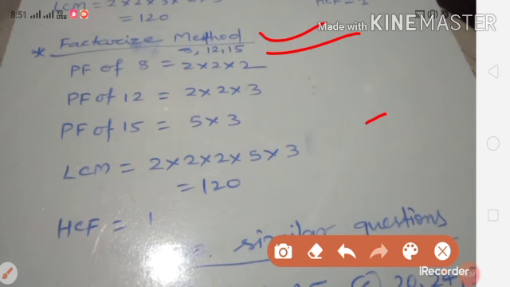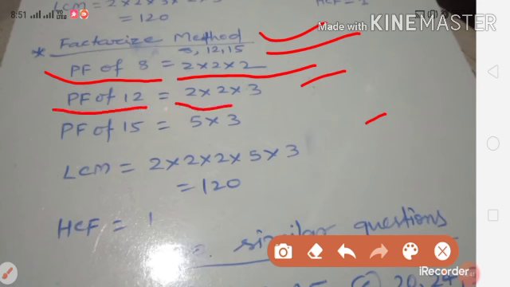So we start, and the prime factors of 8 are 2 into 2 into 2, and of 12 are 2 into 2 into 3, and of 15 are 5 into 3.